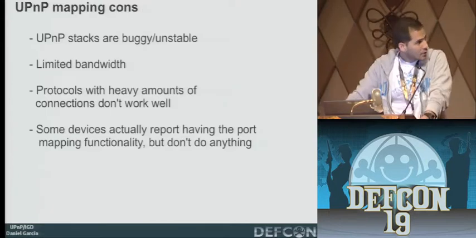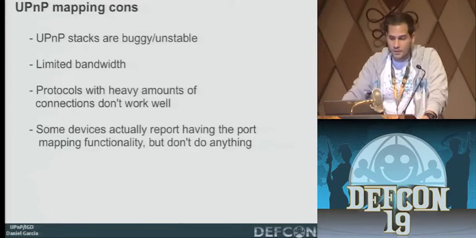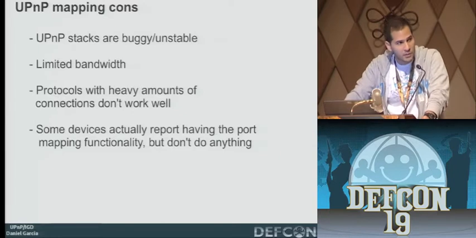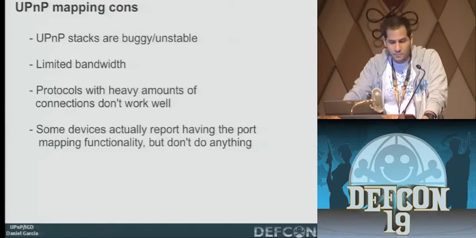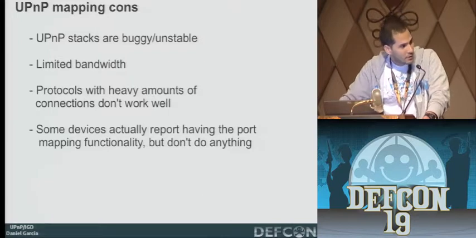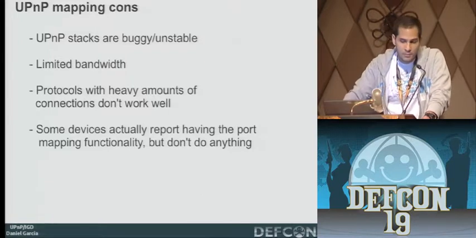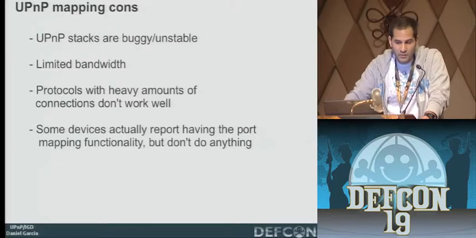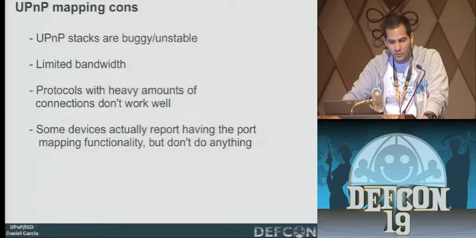So what are the cons with UPnP mapping? A lot. First of all, the UPnP stacks are buggy and unstable. It was kind of hard, or not that hard, programming UMAP. The one being distributed on the CDs is very buggy, so I would suggest just downloading the new version when I release it tonight on the site. But basically, UPnP stacks, even though they're supposed to follow a standard, they don't behave on the standard, and they have minor differences.